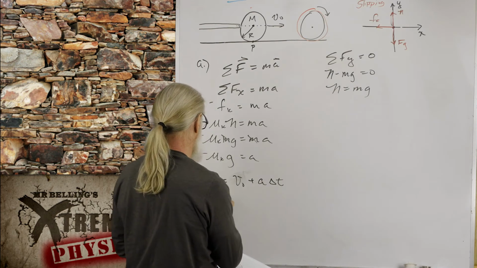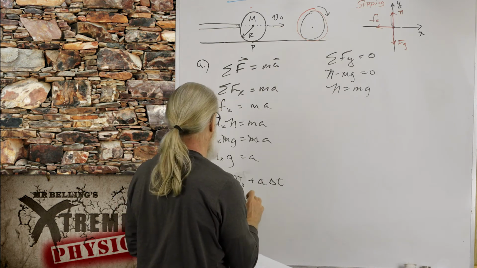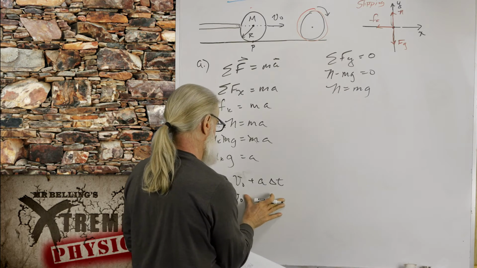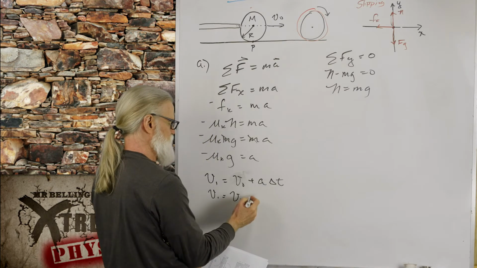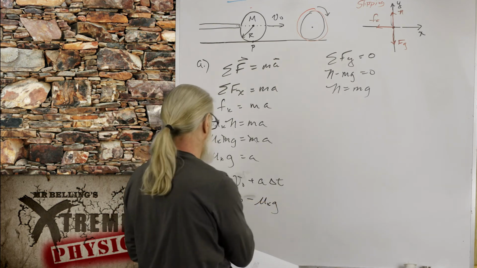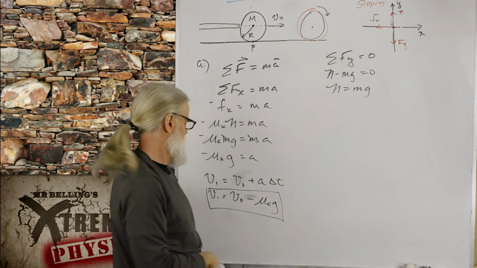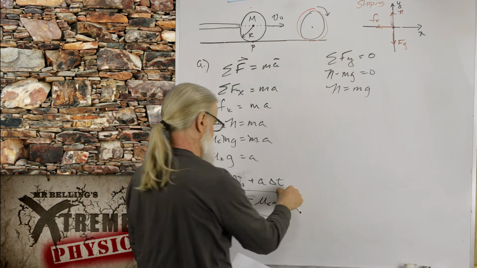So v1 equals v0 minus mu k g t. I could have said plus a negative, but I'm going to simplify. There we go, that is the speed of our object. I forgot the t.